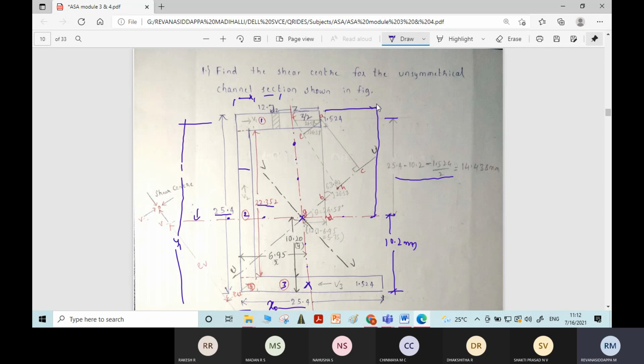If you do, you will get this distance. In overall this distance, if you deduct 1.524 divided by 2, you will get distance between centroid of rectangle 1 to that of centroid of the whole figure. That is y1. Similarly, you need to calculate y2 and y3. Understood? For that what I have done is overall depth minus 10.2.